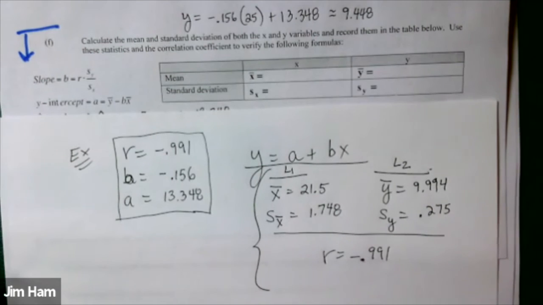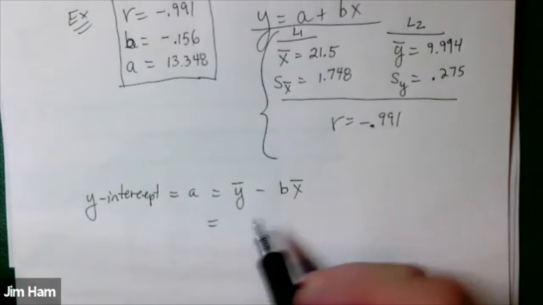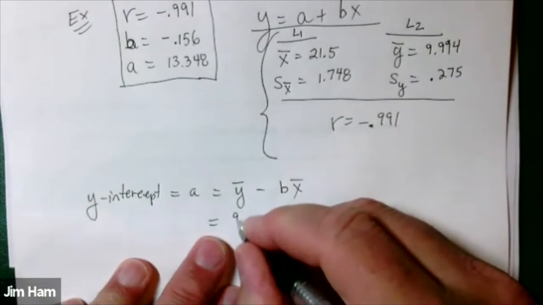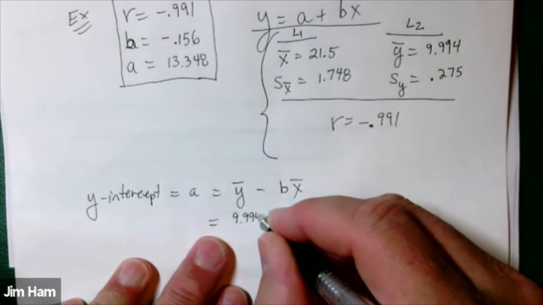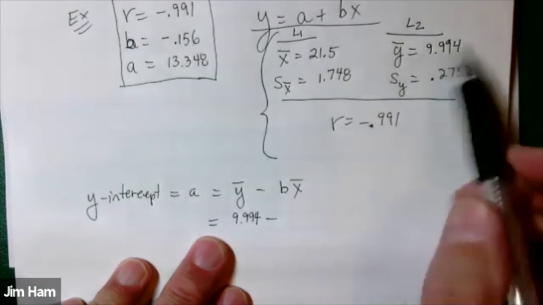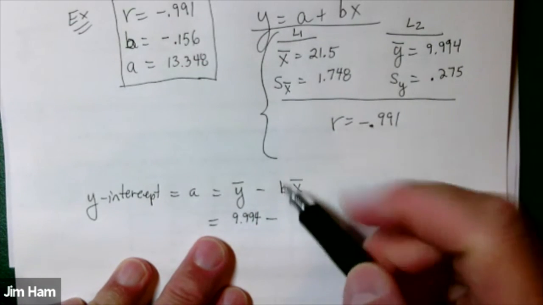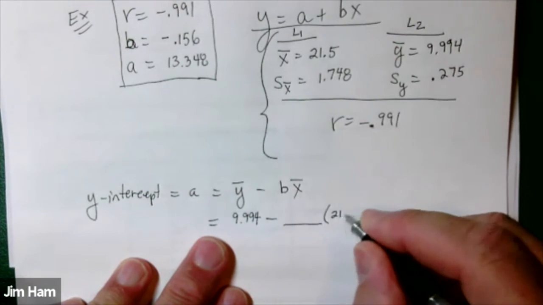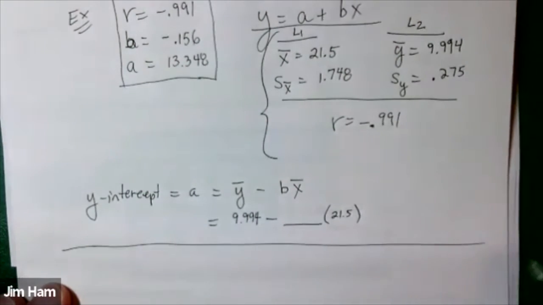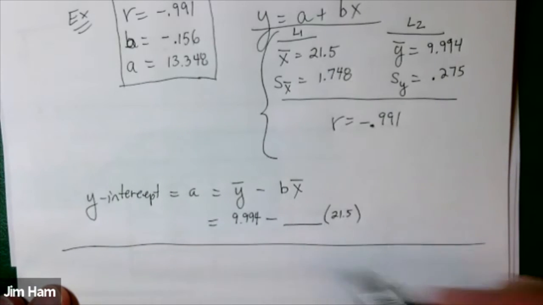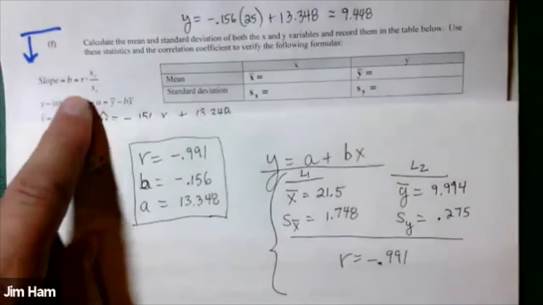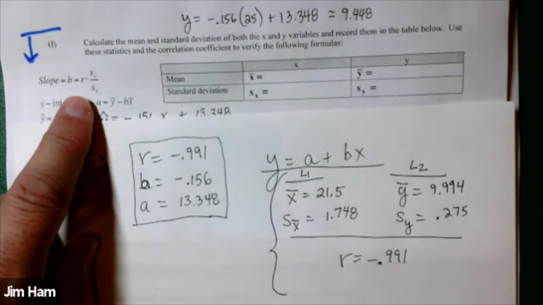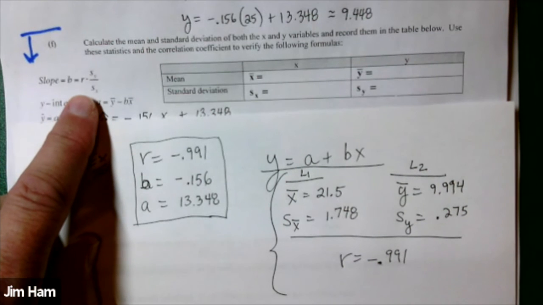We take y bar, which is 9.994, and subtract the B coordinate, which I don't know yet, times the x bar, which is 21.5. So I have to calculate the slope first. The slope is given by the value B, which is r times the ratio of these standard deviations.